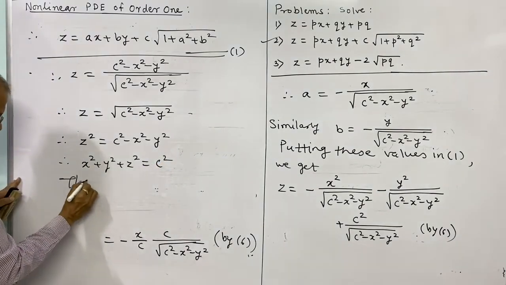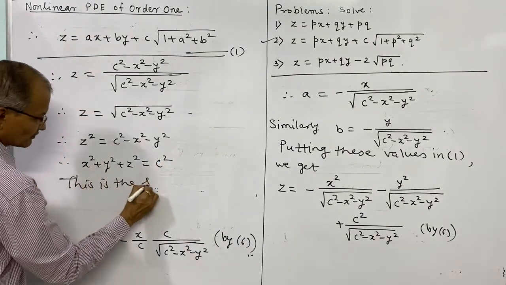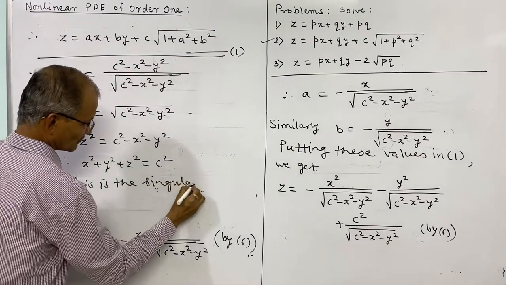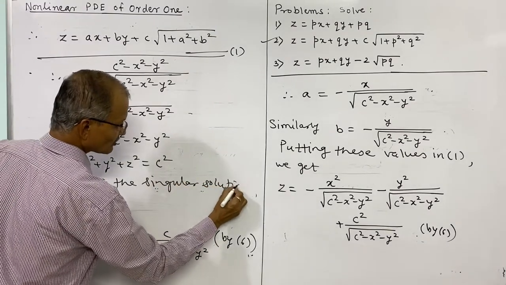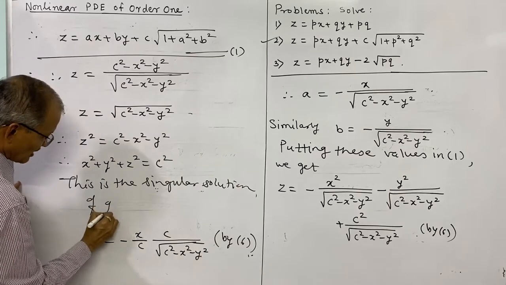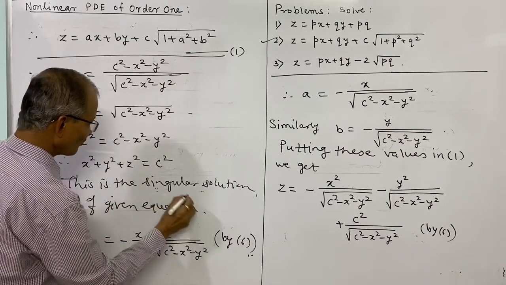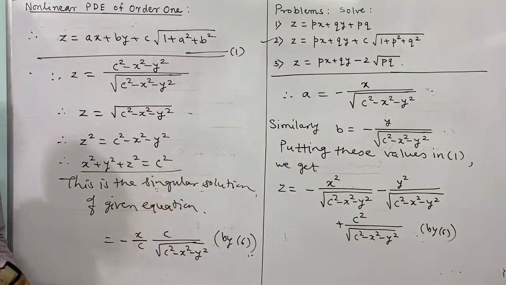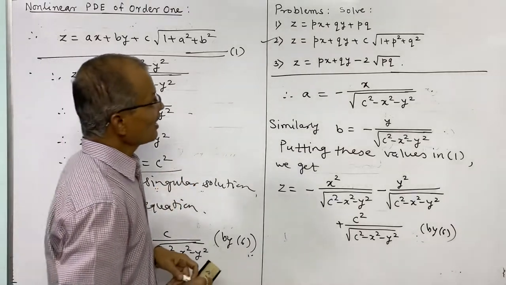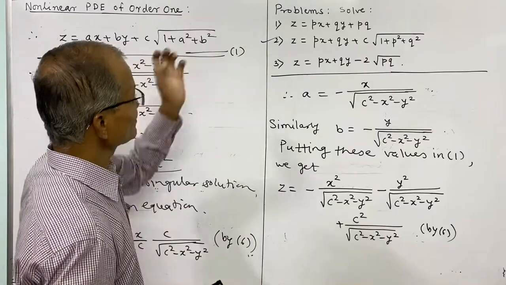So this is the singular solution of the given equation, and this completes the solution. Actually it represents a sphere in 3 dimensions, and thus this gives the solution.